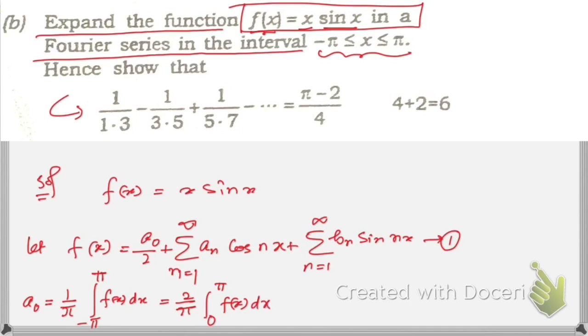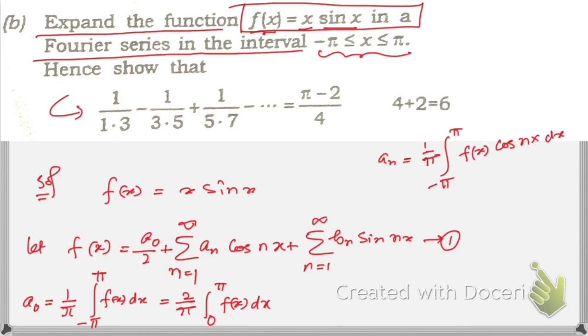And similarly, an is equal to 1 by pi integral from minus pi to plus pi of f of x cos n x dx, right?